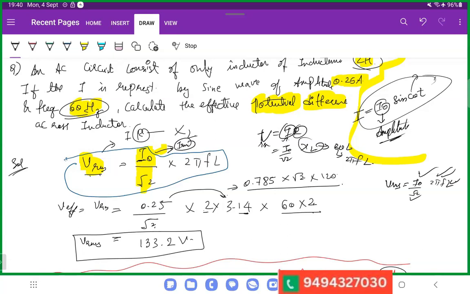I naught is 0.25. Root 2 we can use 1.414, and 2 and root 2 you can make it like this. And pi is 3.14, and 2 pi we got done. F is 60, L is 2. Question is done.